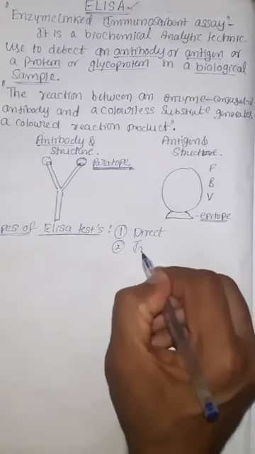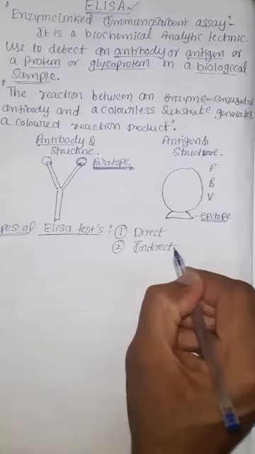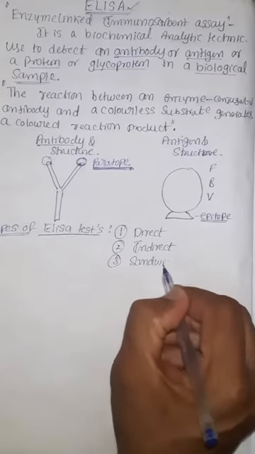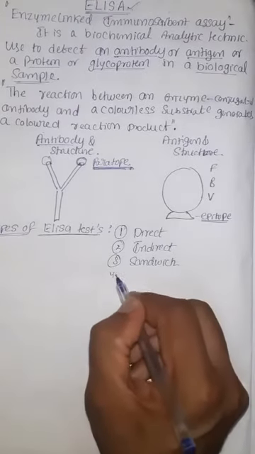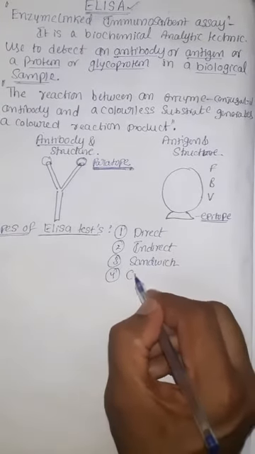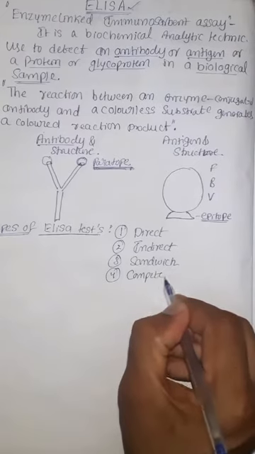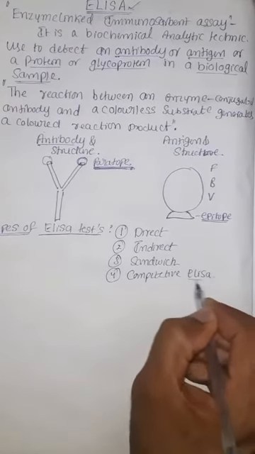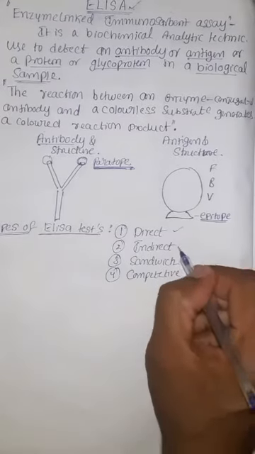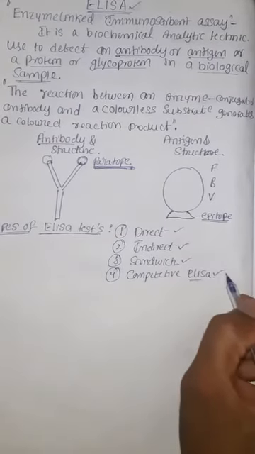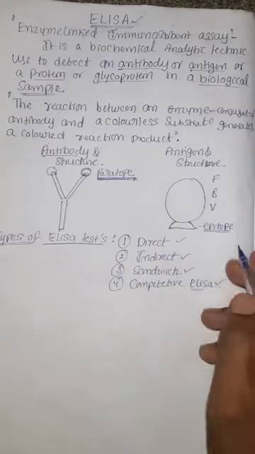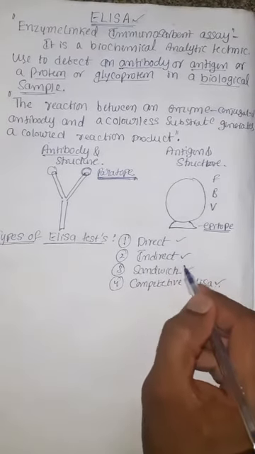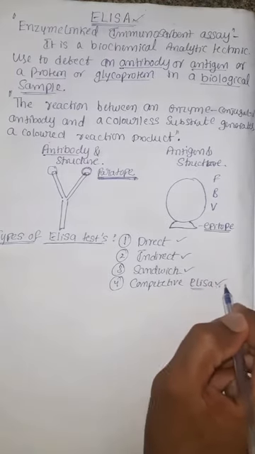The second is the indirect ELISA test. The third is the sandwich ELISA test. Number 4 is the competitive ELISA technique or test. These are the 4 types of ELISA test. Now we will see one by one the procedure of direct, indirect, sandwich and competitive ELISA tests.